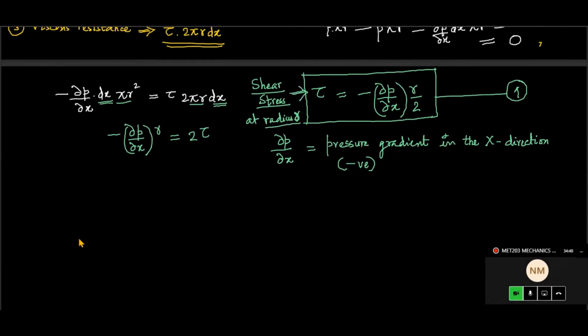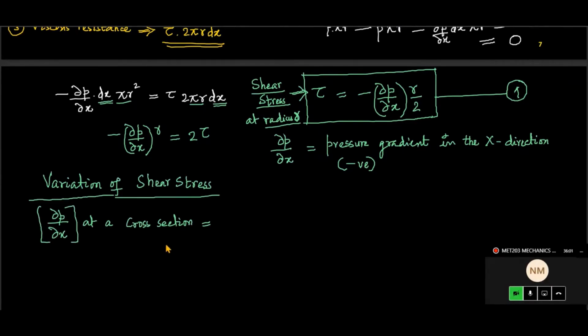Next, a very simple question for the examination: plot the variation of shear stress across the section of a circular pipe through which viscous flow occurs. If you take a cross section, dou P by dou x is a constant.